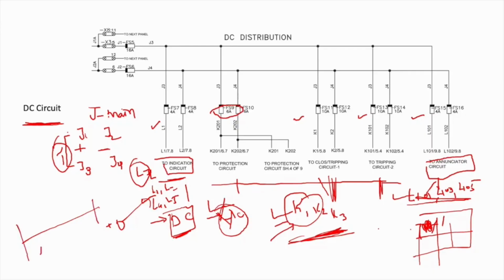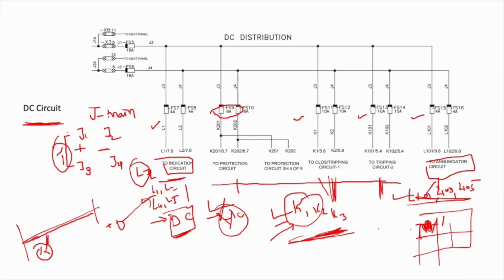It's marked with a K, the ferrule on the wire. So what does this wire show you? Yes, okay, this is related to closing, tripping, protection. So you should understand this. It's very important to know this so that you can easily identify it, and if it's marked with a K, you can attend to the fault.